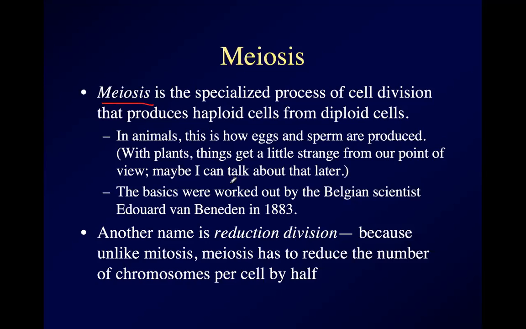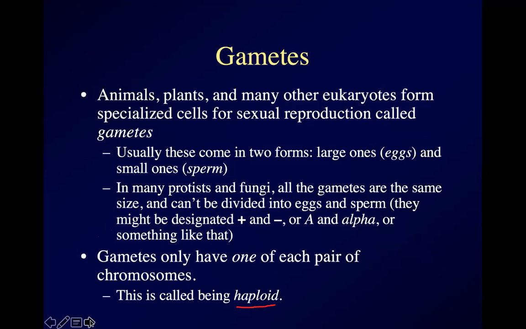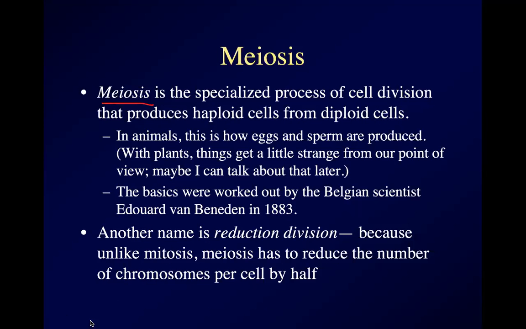The basics of this, by the way, were worked out by this Belgian guy in 1883. And another name for meiosis is reduction division, because with mitosis, you begin with a fixed number of chromosomes, and if everything goes right, you end with the same number of chromosomes.